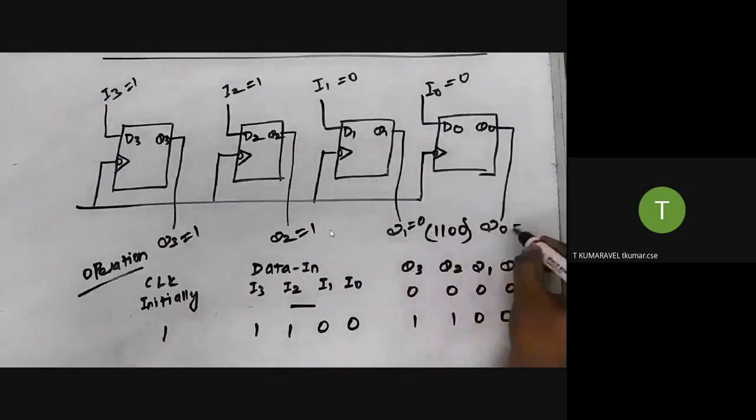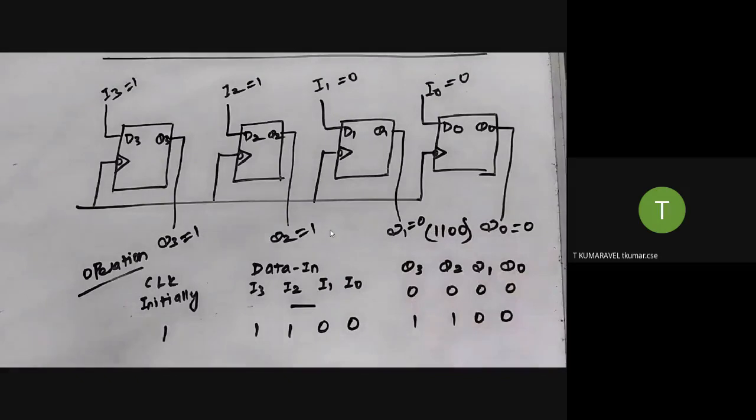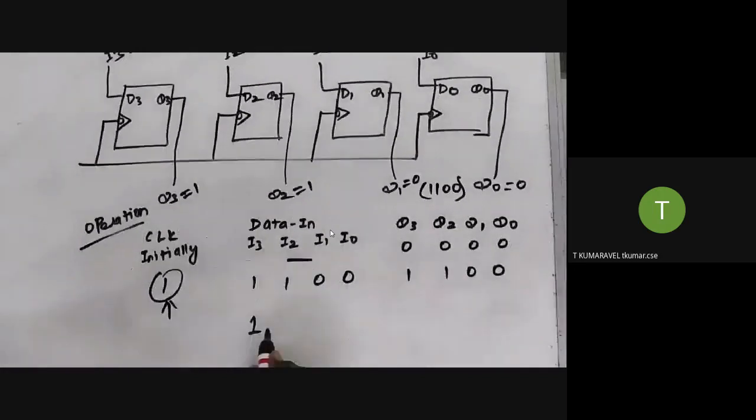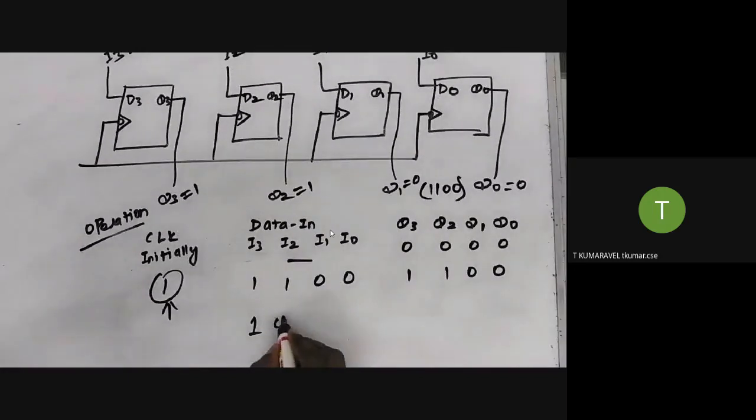So in order to store the data in the flip flop, a single clock cycle alone is enough to store 4-bit information.